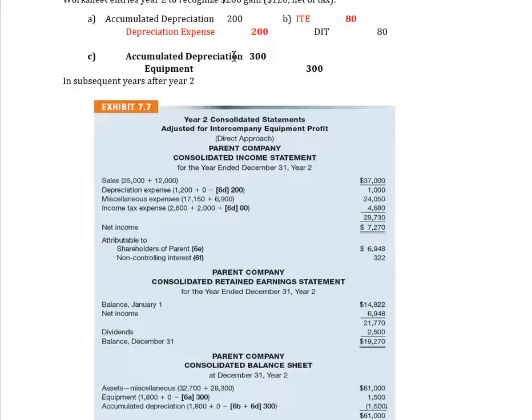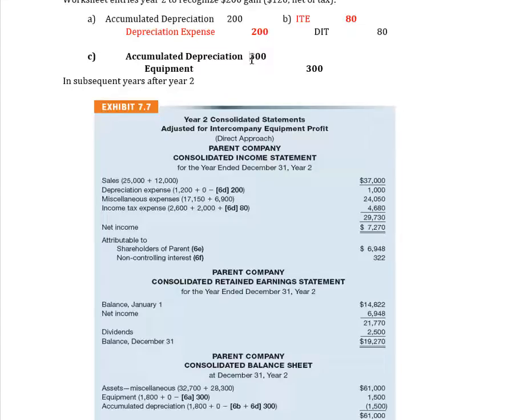But I'm just making the assumption that if they had this asset still on their books at the end of year 3, if we're starting with separate entity statement amounts, the parent's and the sub's, you just have to remember that the parent's going to be showing equipment at $1,800 and accumulated depreciation at $1,800, but the true equipment would be still sitting there at $1,500, which was the original amount paid by the sub, and accumulated depreciation would be $1,500 because that's the true amount of the accumulated depreciation on that $1,500 asset.